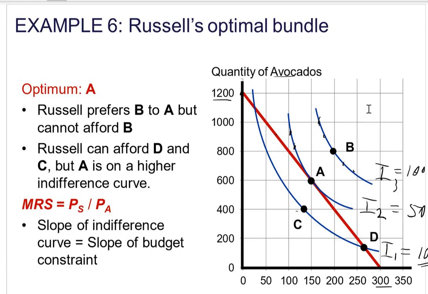With indifference curve 2, he would be better off because it gives him 50 utils. And notice this point A is along this I2 here, and he certainly prefers A to C. Well, he certainly would have preferred B to A as well, but B is not attainable because his budget is constrained, and so he will have to choose a point along I2.